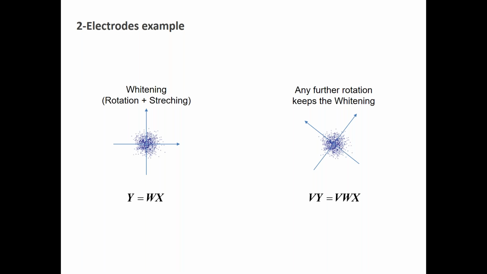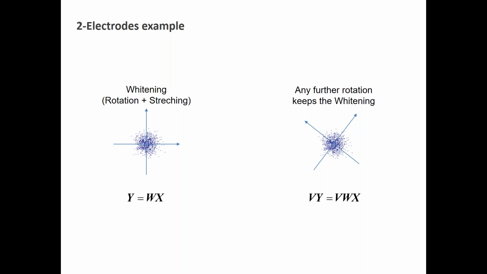One thing to notice is that once we have applied the whitening, we obtain spherical data, data that is distributed in a spherical way, like this. Now if you apply a further rotation to this whitened data, if you apply another orthogonal matrix, which I call V, so it's a new one, and whatever it is, this is going to be another rotation of the axes, but still you will get a sphere, so still the data will be uncorrelated, and still the variance will be 1 for all the axes.